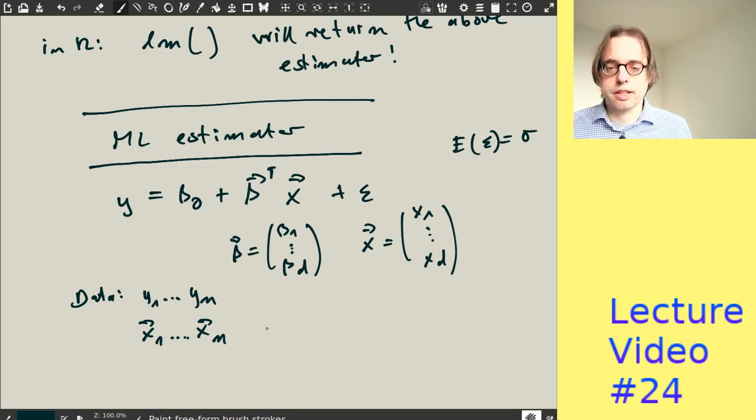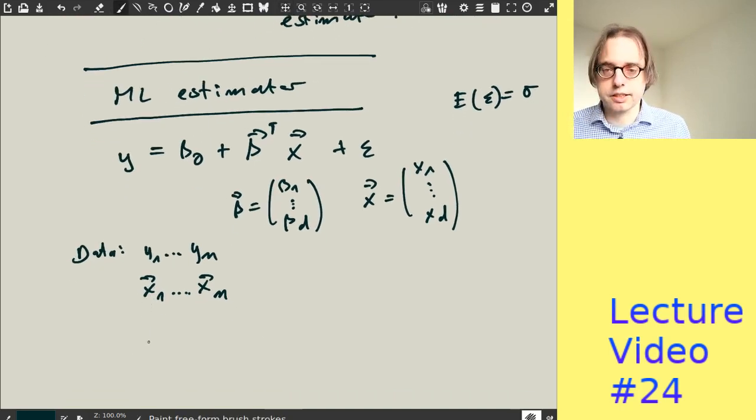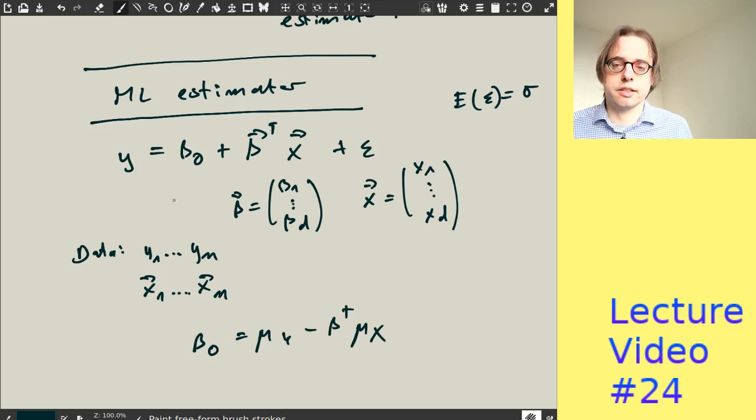This helps now to figure out what the intercept is. The intercept, of course, is beta naught equals mu y minus beta transpose mu x. And to see this is simple.